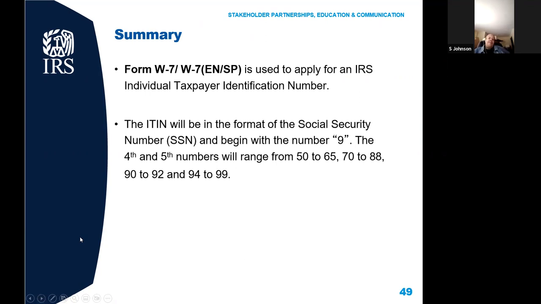So without further ado, we got this summary here and I'll just run through it. The W-7 is used to apply for an individual taxpayer ID number. Our numbers, we can tell it's an ITIN based on the 9 in the beginning, and in the middle, the 4th and 5th digits will vary: 50 to 65, 70 to 88, 90 to 92, or 94 to 99.